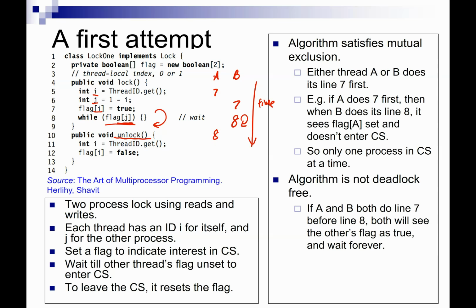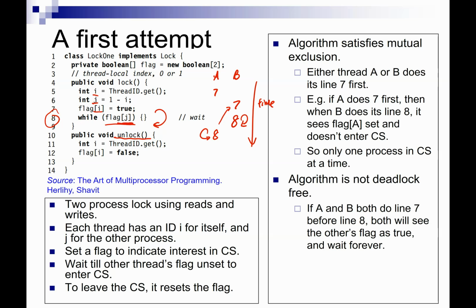And then likewise, A is going to see that B has already indicated he wants to go into the critical section, so A is going to spin at his line 8. Now both of them are just going to spin forever, because they're stuck at this line 8 over here. So they can never get into the critical section.